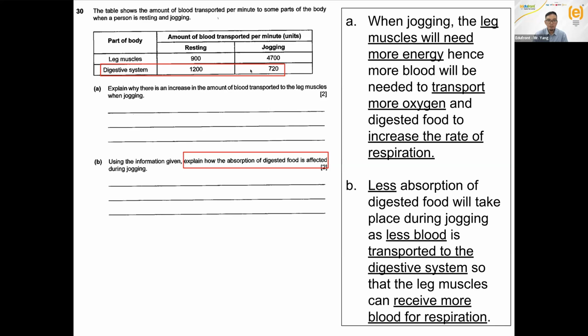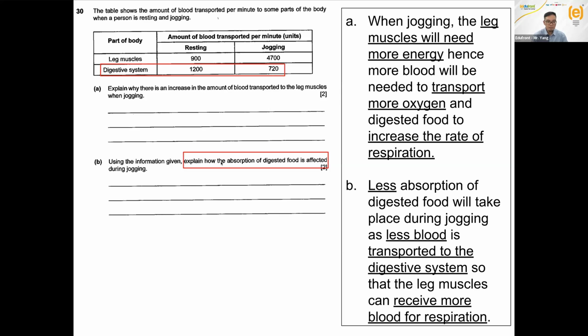You can see here from the amount of blood transported, less blood is transported to the digestive system so that our leg muscles can receive more blood for respiration. So when we are jogging, instead of going to the digestive system, the blood will be channeled to our leg muscles, right? So that's why the amount of absorption will be lesser, right?